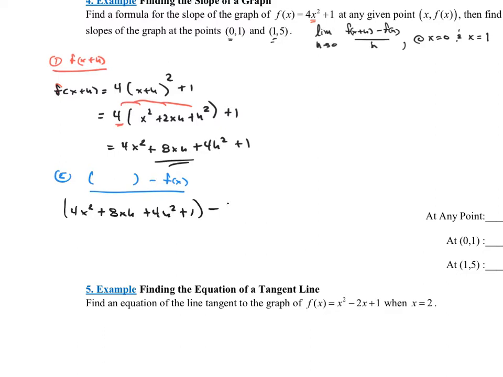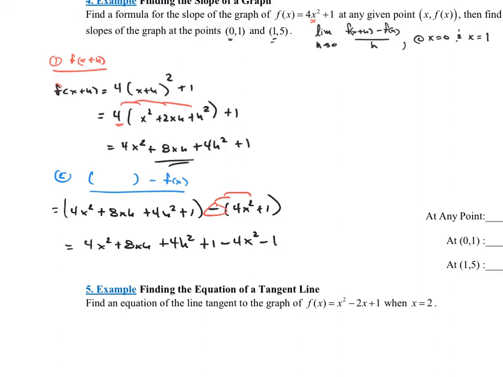The original function was, and it's really important you put this in parentheses, 4x squared plus 1. Very important that you put that in parentheses, because what you need to do is distribute that negative to both terms. So what I have here would be 4x squared plus 8xh plus 4h squared plus 1. We would now have a minus 4x squared and a minus 1.